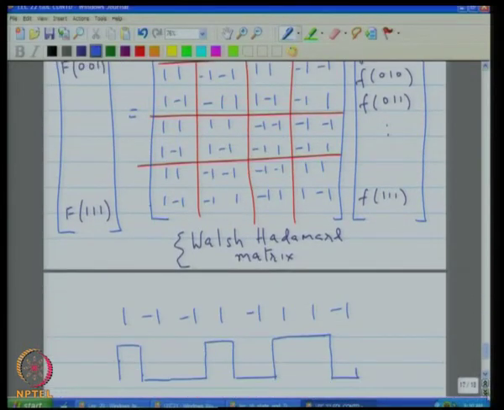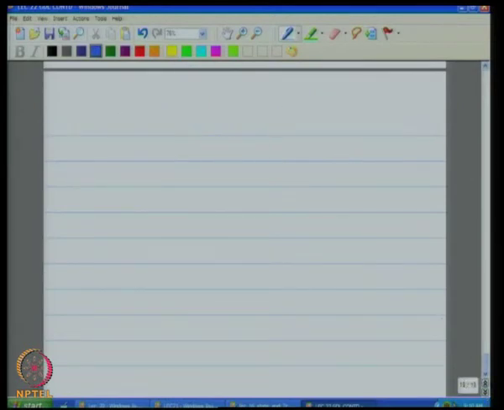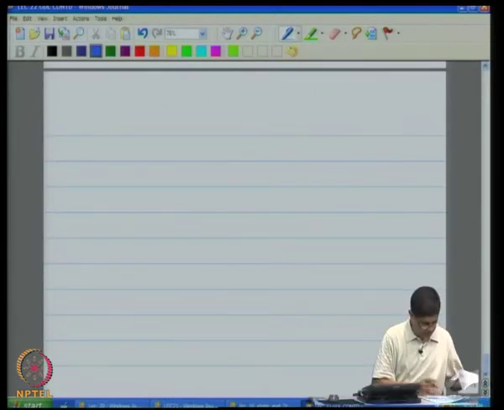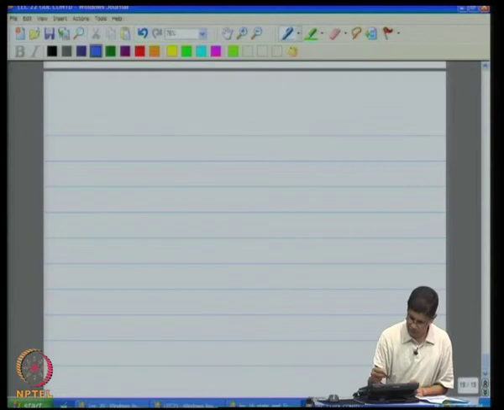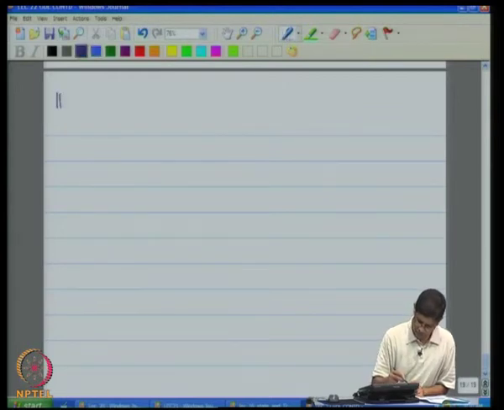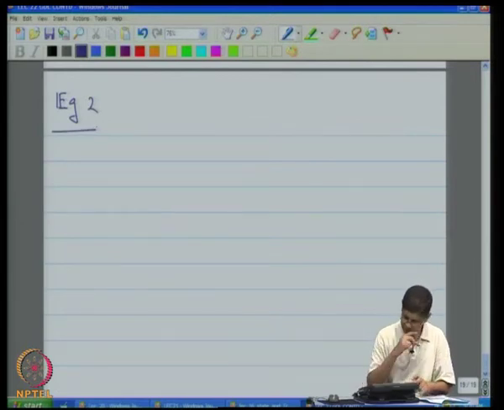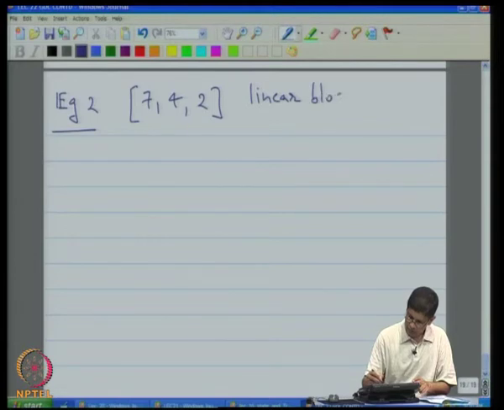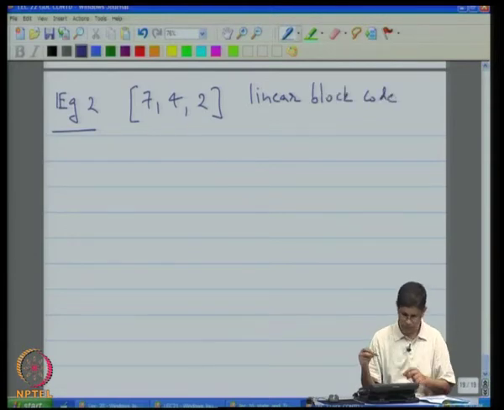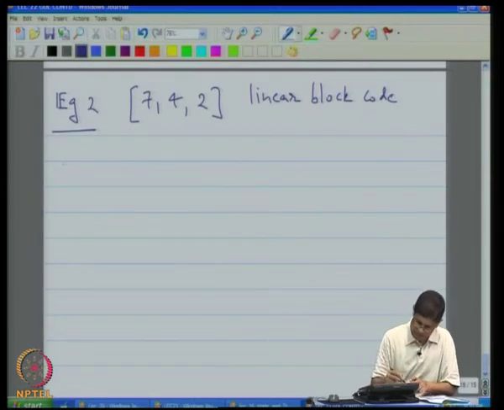So let us move to example 2. Example 2 is an example from coding theory. We will look at a specific error correcting code, a 7, 4, 2 linear block code, and we will specify it in terms of its parity check matrix.